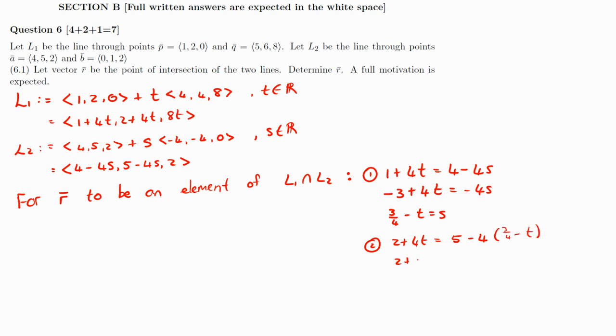So this will be 2 plus 4t is equal to 5 minus 3 plus 4t. Okay, so if we take this over, we will actually get 0 on this side. And then on this side, we'll also get 0. So this tells me that there are infinitely many solutions so far, because 0 is equal to 0, and we can't find anything for s.